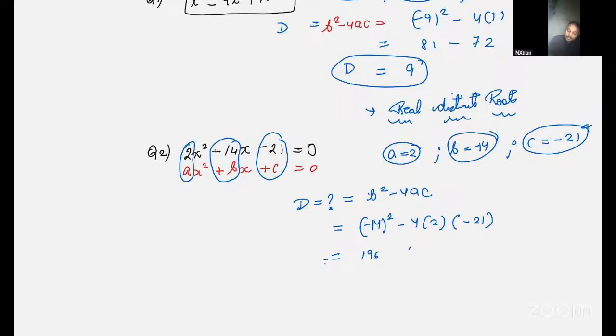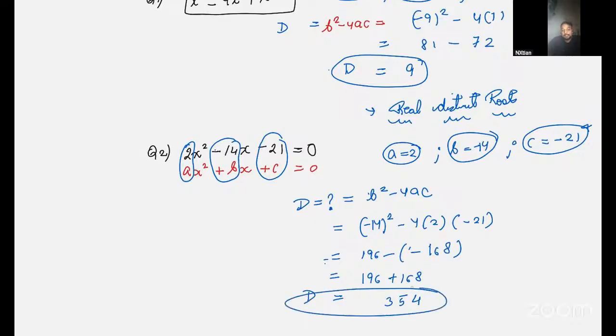Minus into minus 168, it will become 196 plus 168. It will become 364. So I am getting the value of D as 364, which is more than 0.